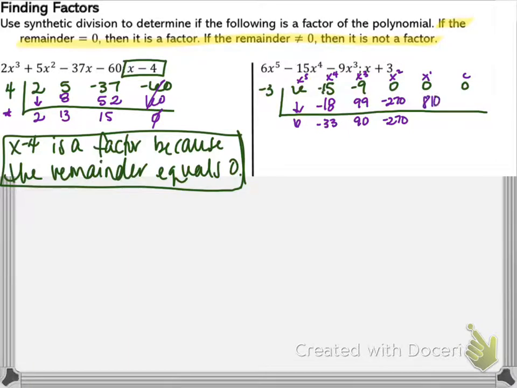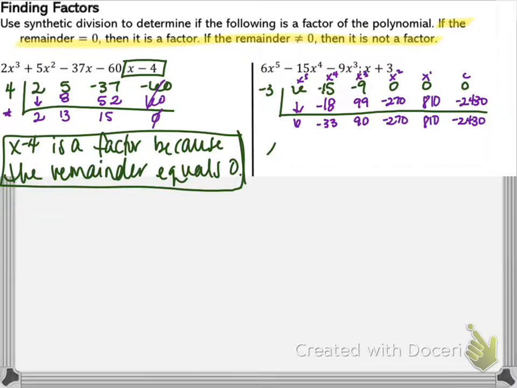Multiply again. We just keep getting higher and higher, but it's fine. It'll be okay. Add downwards to get positive 810, and then multiply that 810 by negative 3. Don't worry, it's the last time. So that'll give us negative 2,430. Add that with 0 to get, well, negative 2,430. So obviously, we did not end up with 0. Nothing canceled out, which is super annoying, but it's okay.